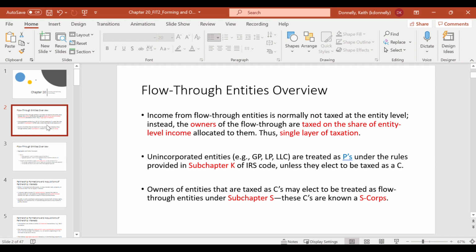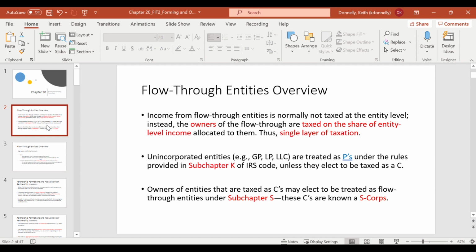Now, as a general rule, when we're talking about partnerships, general partnerships, limited partnerships, LLCs, when you have two or more individuals coming together to run a business, you are going to be taxed as a partnership under the check the box rules and the default rules.